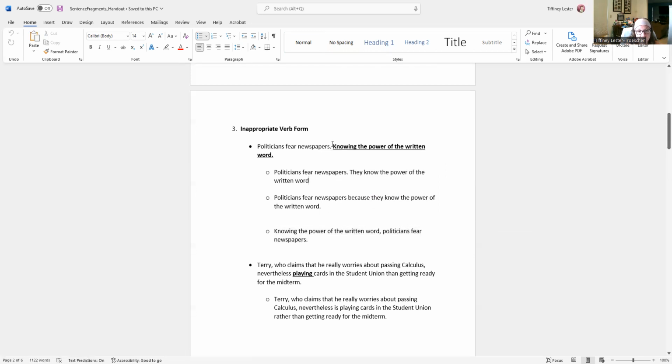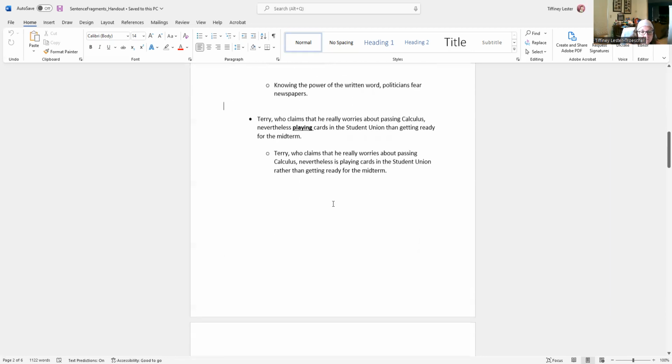But just keep in mind that if you begin a sentence with this type of verb form, a gerund, an ing word, check to make sure that it has not created a sentence fragment. Because if it's like this, it's a fragment. If it's like this, it's okay because it's connected to the complete sentence.